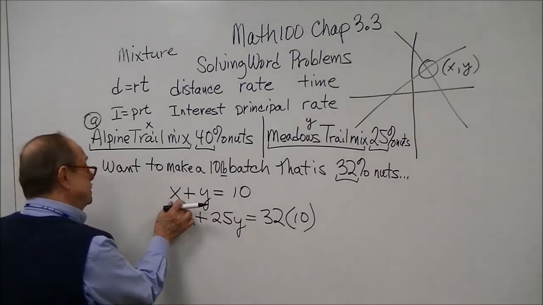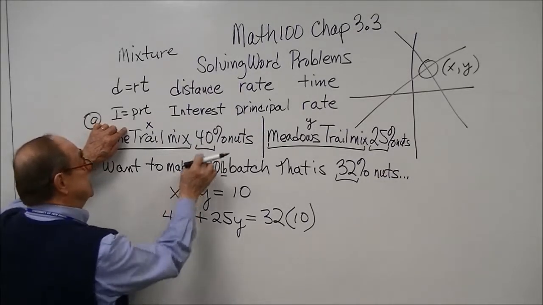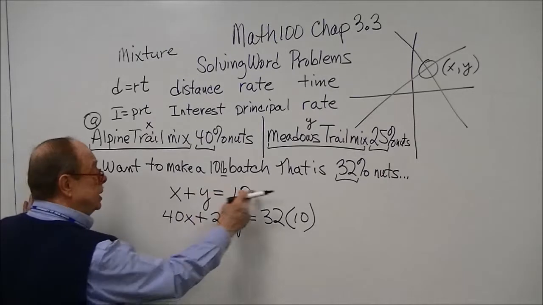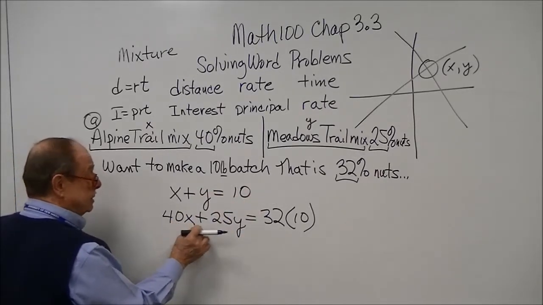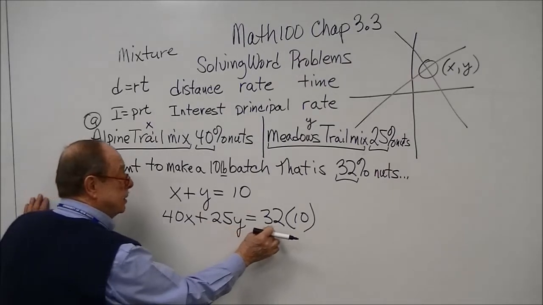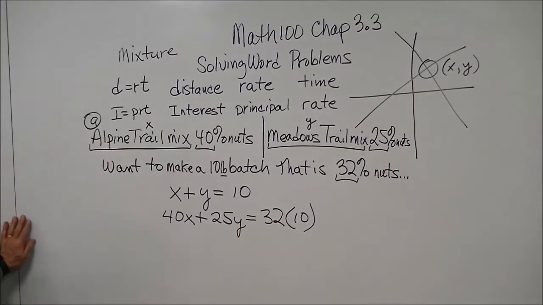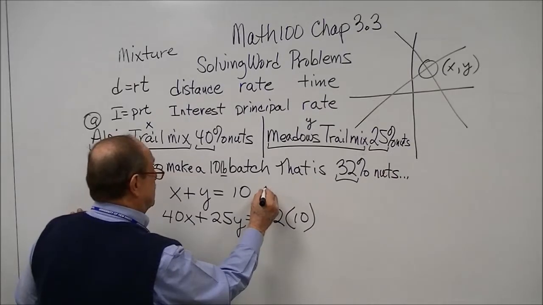We have a certain number of pounds of alpine that is 40%. It's going to be 10 pounds altogether, so that's one equation. And our other equation is 40% nuts, 25% nuts, 32% of 10 pounds. And that's our equation. And we're going to use substitution. All of these work out very well.